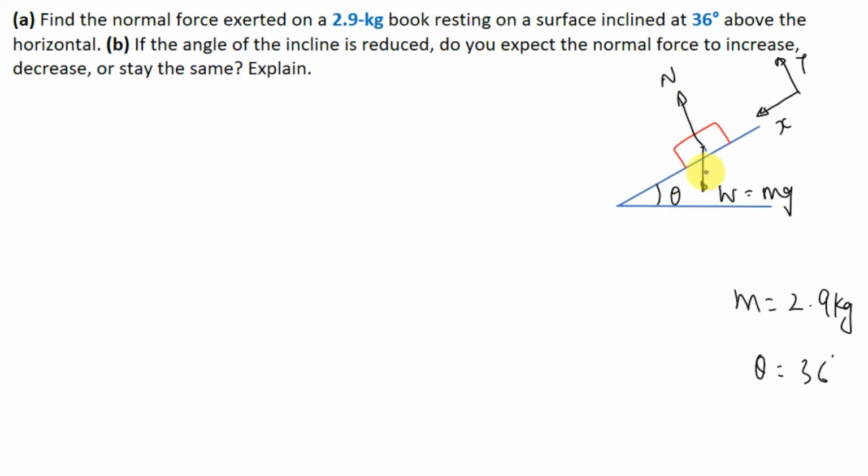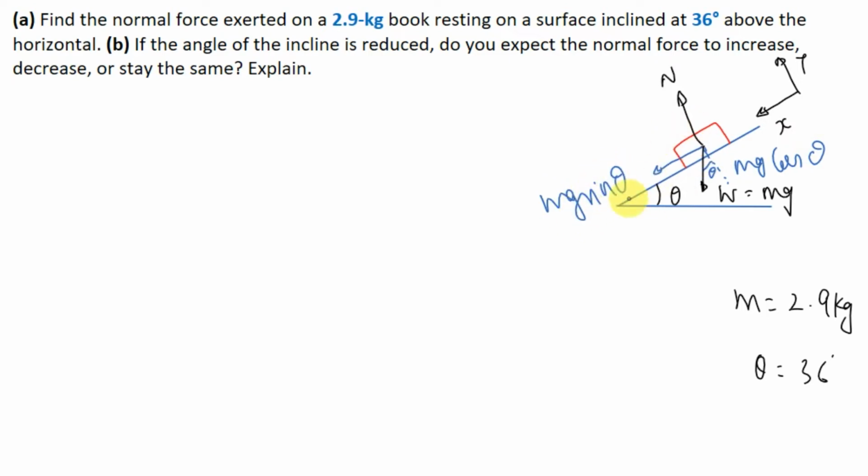Now if this angle is theta, this angle will also be theta. I've discussed this concept in my previous videos multiple times, you can see over there. Now the component of the mg force along the y direction will be mg cosine theta, and the component of the mg force along the x axis will be mg sine theta.